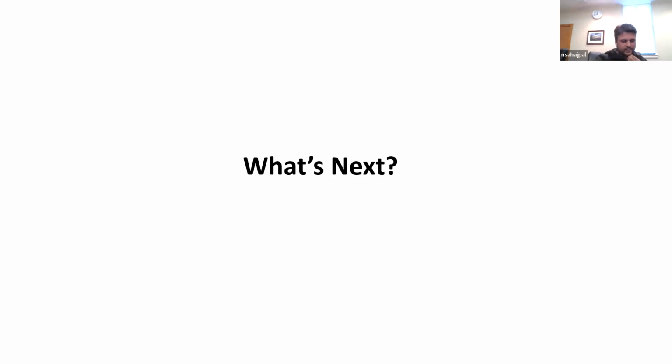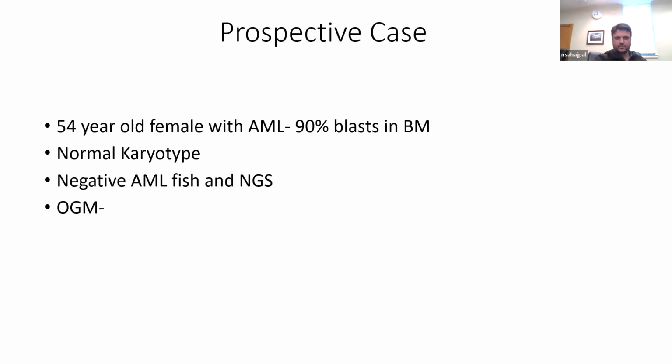But I would like to highlight that when we see all this data, we asked, what's next? So we at Augusta University did launch this for at least the hospital patients.